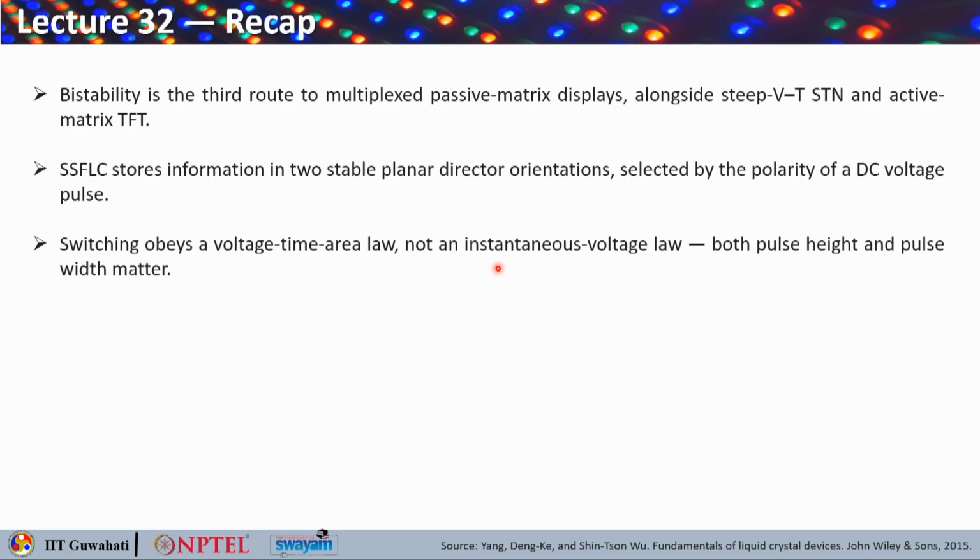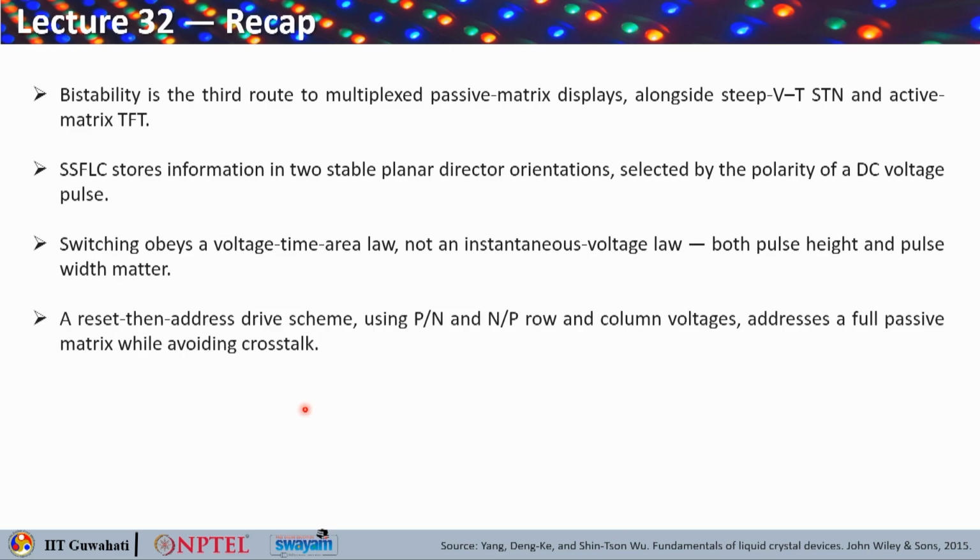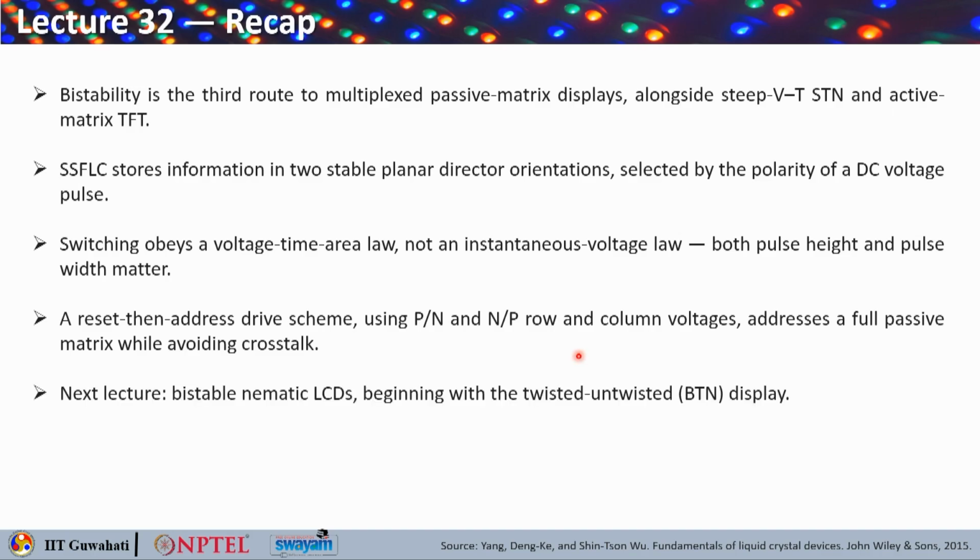It does not obey an instantaneous voltage law, so it depends on both the pulse height and the pulse width. A reset then address kind of driving scheme using positive negative or negative positive row and column voltages can address a full passive matrix while completely avoiding crosstalk. With this, in the next lecture we will move on to studying bistable nematic LCDs as an alternative to SSFLCs, where we will begin with the twisted untwisted BTN displays.